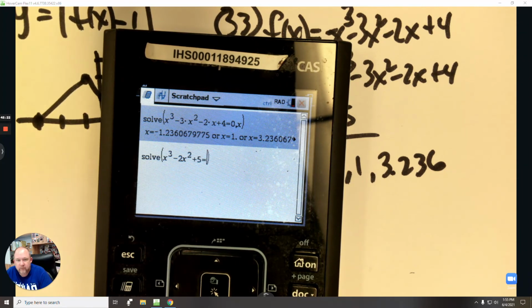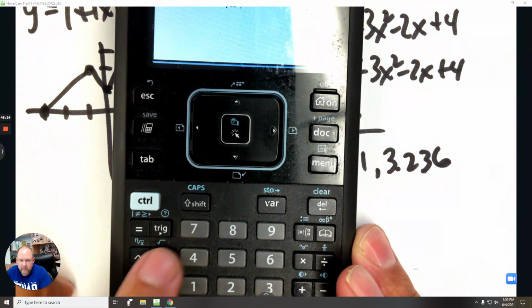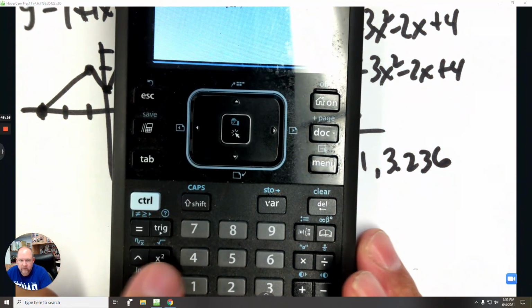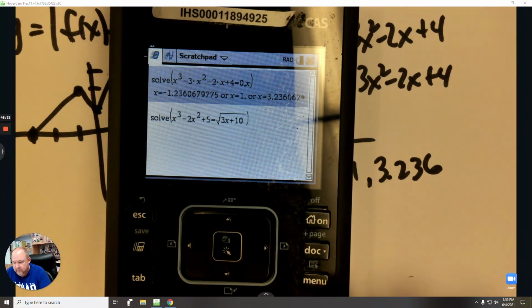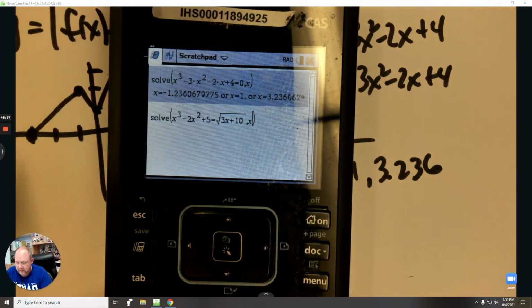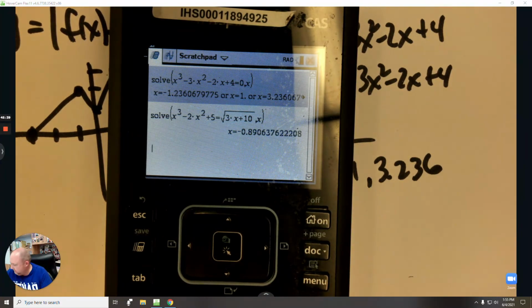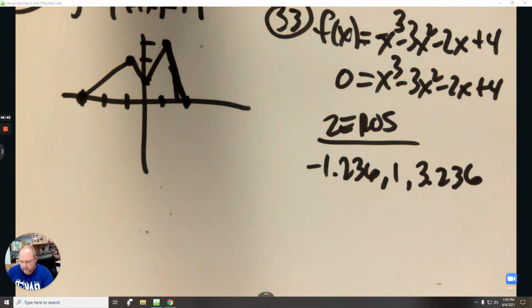Square root sign is with x squared, so it's in blue, so you press Control and then x squared. 3x plus 10. Make sure you move the cursor. Now you have to go comma x, so it tells the calculator to solve it, then Control Enter, and you have your answer, negative 0.890. Let's write it down.